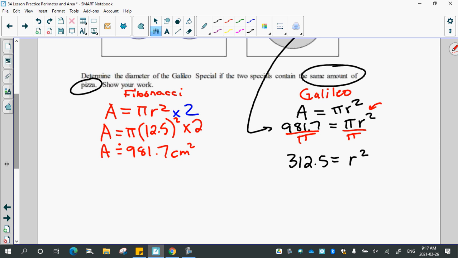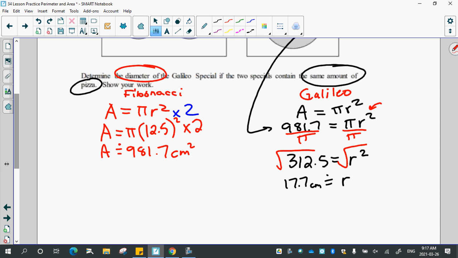So what would I do to both sides? Yep, square root, lovely. So then we end up getting radius is approximately 17.7 centimeters. That's the radius, but be careful.